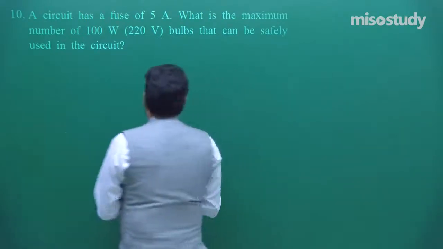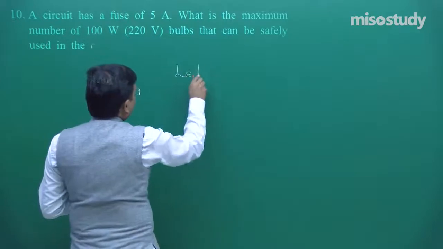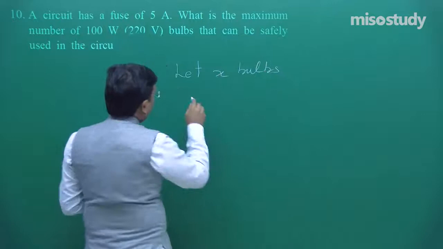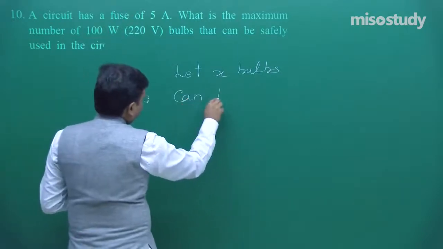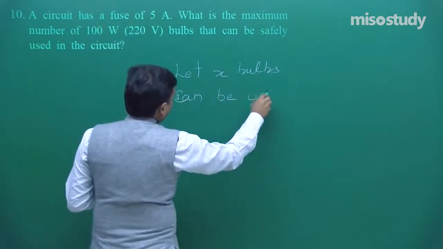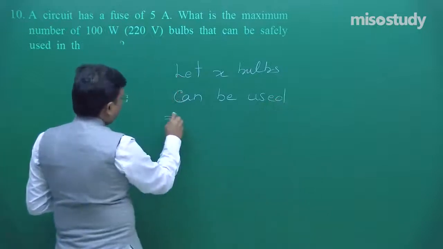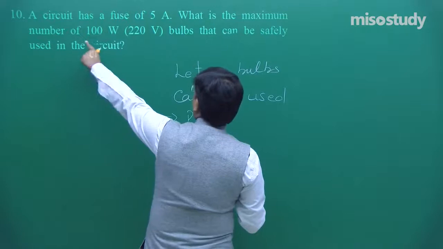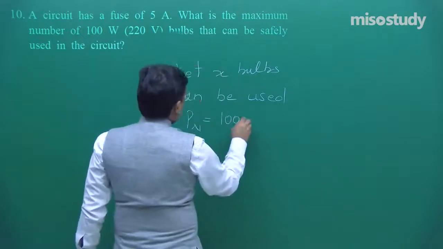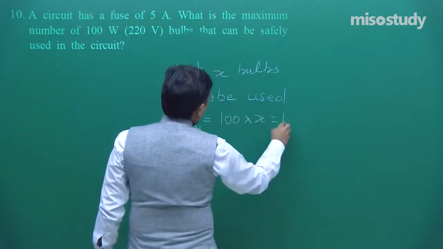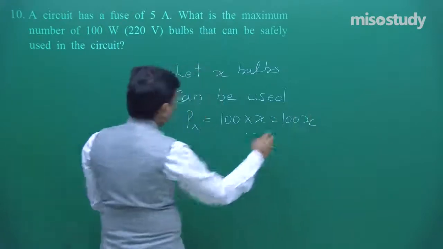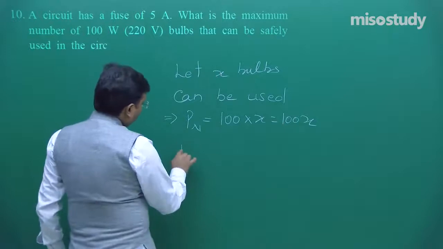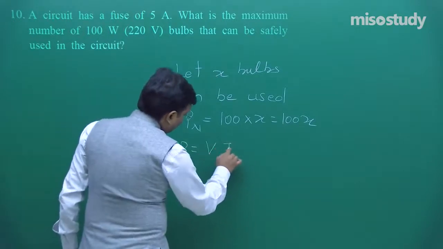Let X bulbs can be used. This implies that P net is equal to, what is the power of one bulb? 100, total X. So, 100x is the total power required, P net. Then you know P is equal to VI.